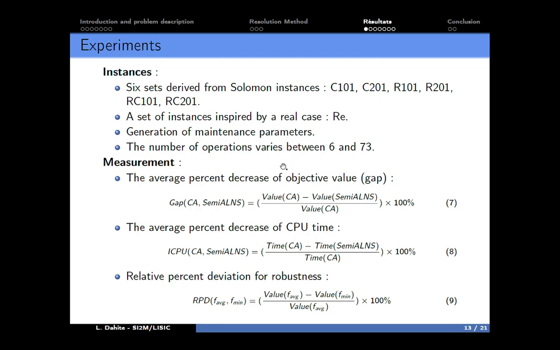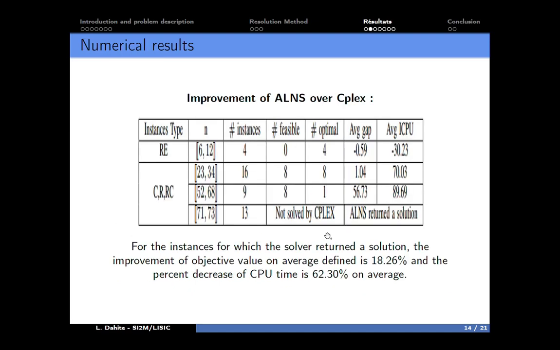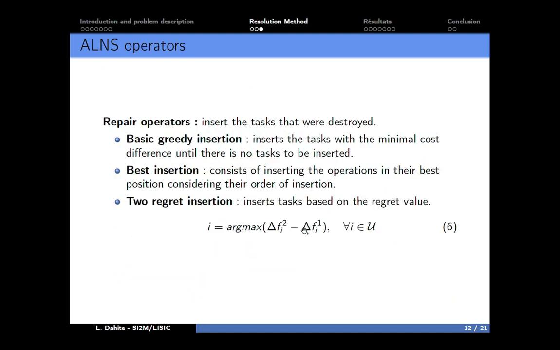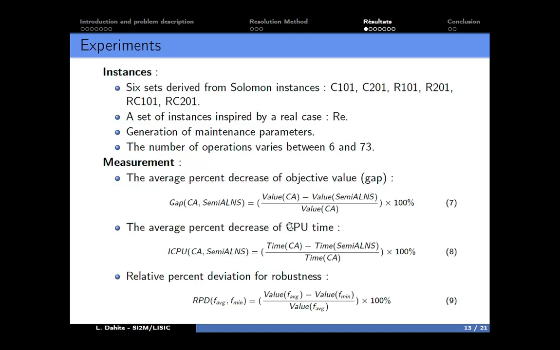For measurement, we use the average percent decrease of objective value when using the proposed algorithm semi-ALNS compared to the comparative algorithm or the simplex solver, the average percent decrease of CPU time when using semi-ALNS compared to the comparison algorithm or simplex, and the relative percent deviation for robustness between the average solution and the minimum solution.